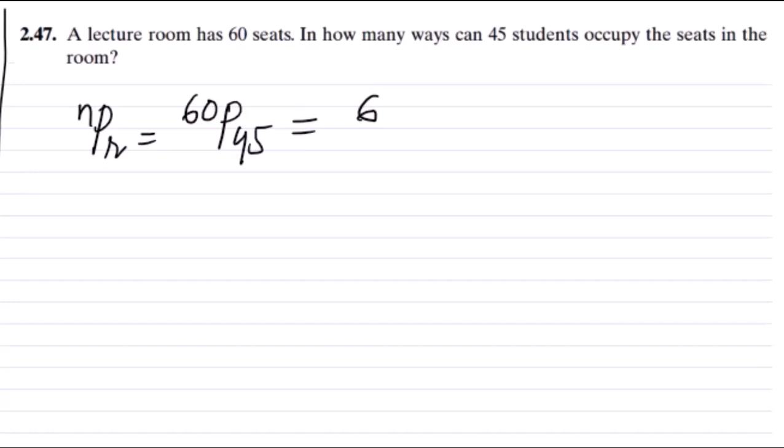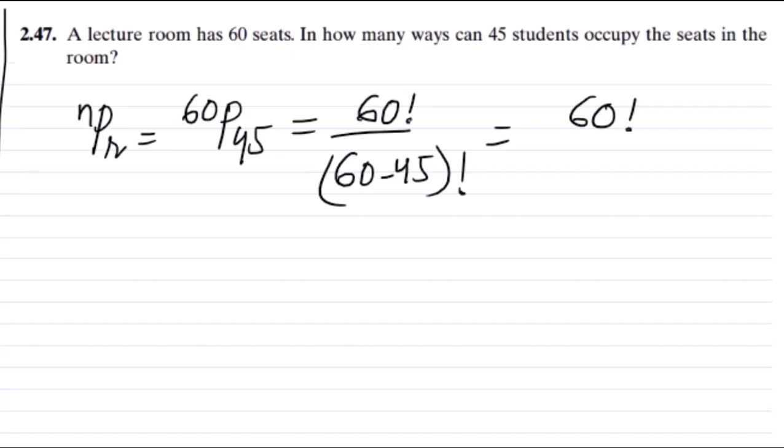So here it will be 60 factorial divided by (60 minus 45) factorial, or 60 factorial divided by 15 factorial. Okay, so that is the answer of this question. Now let us proceed.